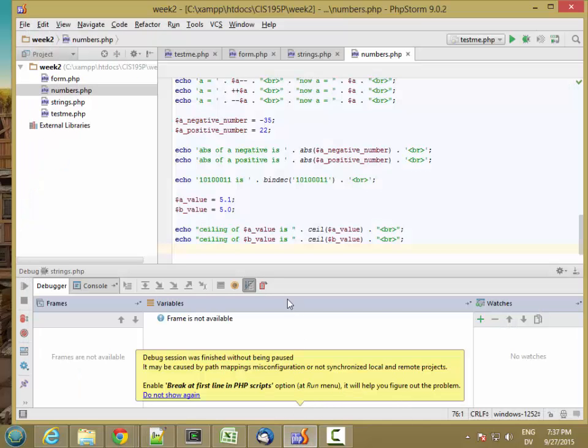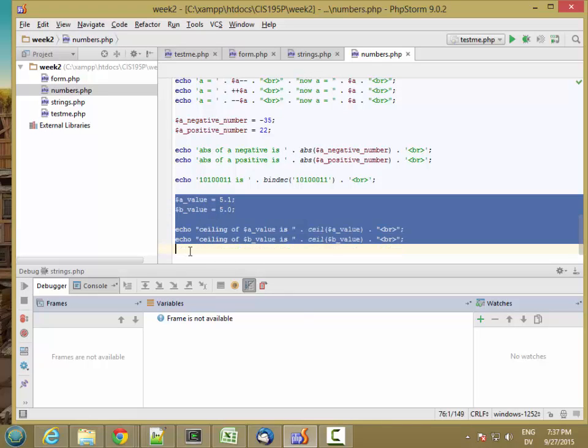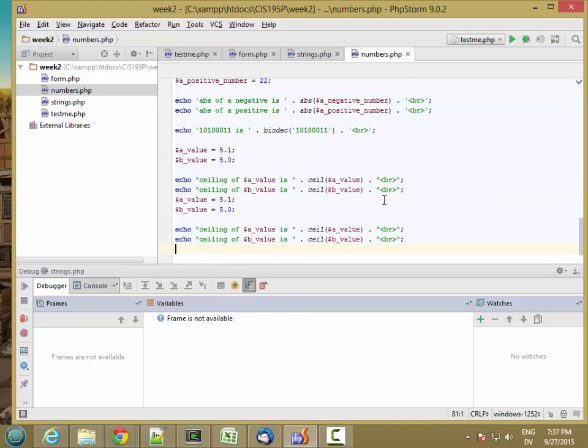There's also a floor function, which takes the largest whole number that's less than or equal to this. So the floor of that is floor. So the largest whole number that's less than or equal to 5.1 is 5 even.